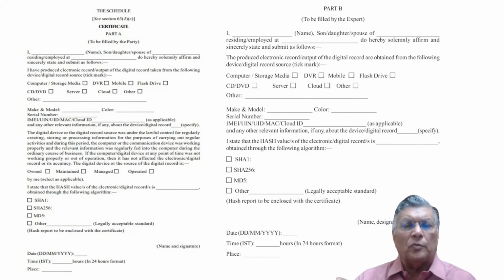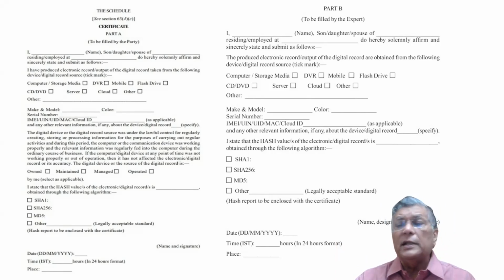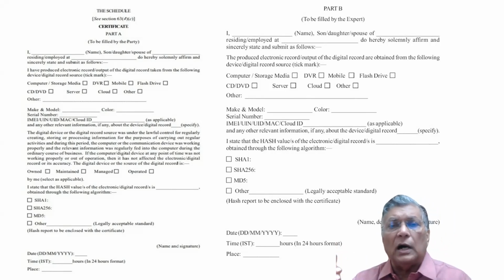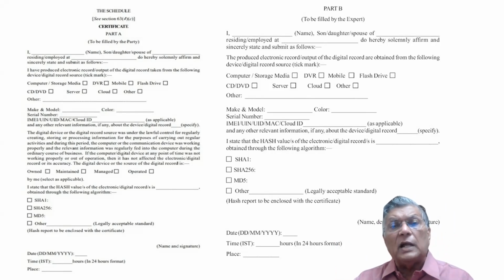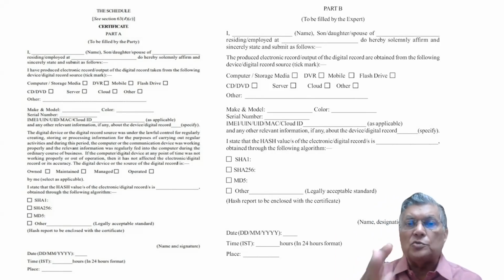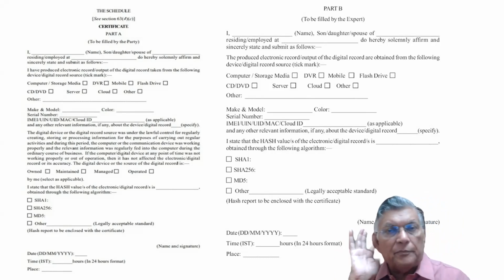Suppose in the case of a murder situation, police go and seize the murder weapon, let us say a gun or a pistol or anything else, and in the house they found it in an almirah. Okay. So in the report, they will say, I found this in the almirah, and produce only the gun. And if there are any unused bullets, they may produce them. They may say unused bullets were in a different place, that also we have submitted.